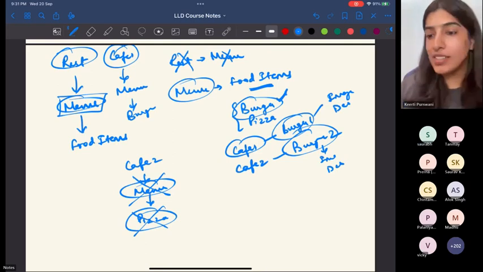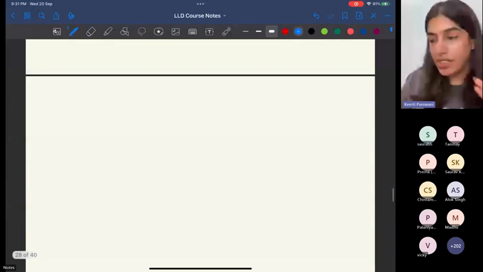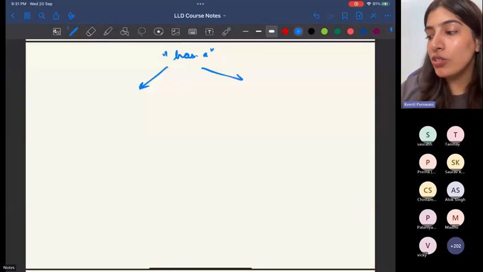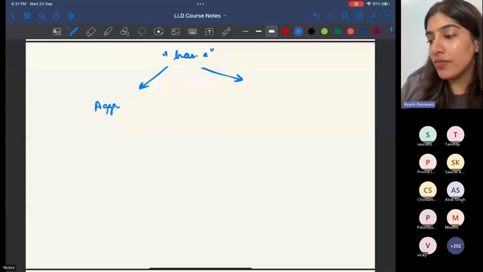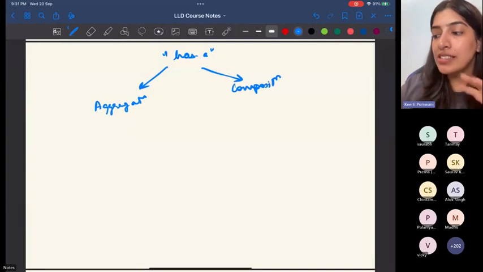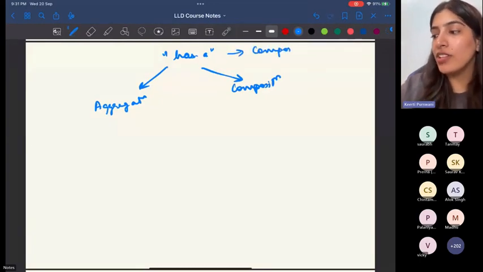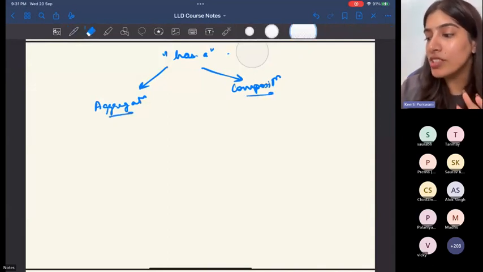It is basically a part-of relationship. So let me explain this. When we say has-a relationship, there are two types of relationships. One is called aggregation and one is called composition. You must have heard of these terms. Sometimes has-a itself will be called composition and they will not say properly whether it is aggregation or composition, but don't get confused.